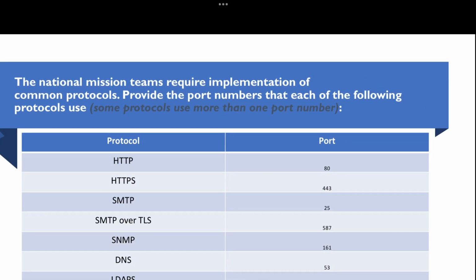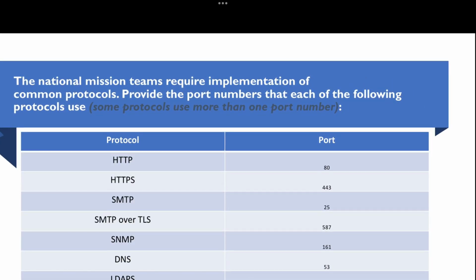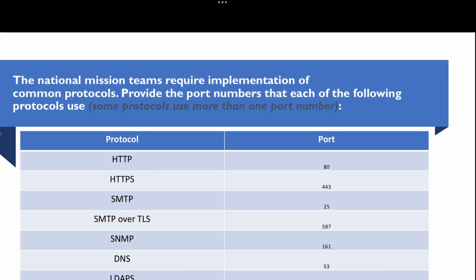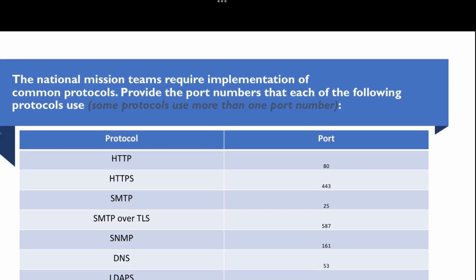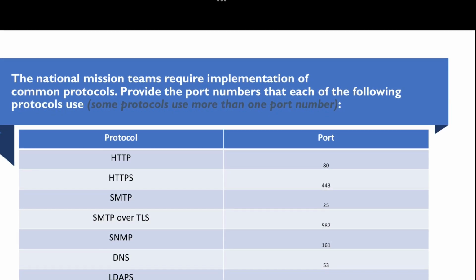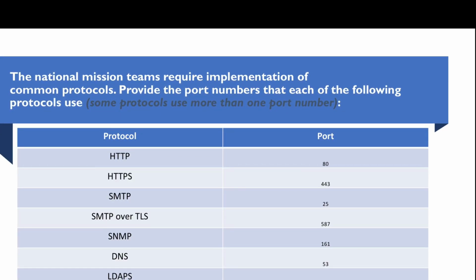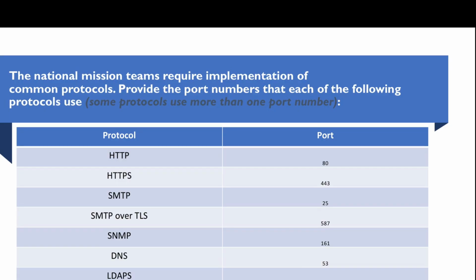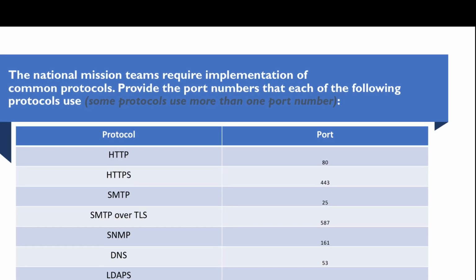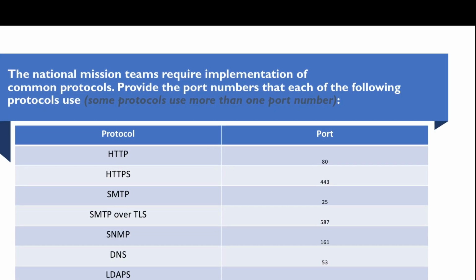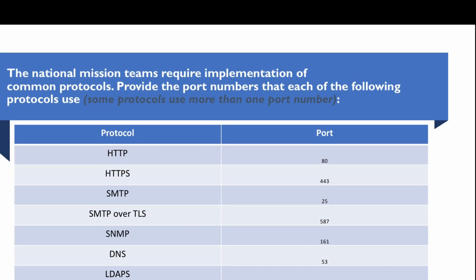The next question is, the national mission teams require implementation of protocols. Provide the port numbers that each of the following protocols use. For HTTP, it's 80. HTTPS is 443. SMTP is 25. SMTP over TLS 587. SNMP 161.